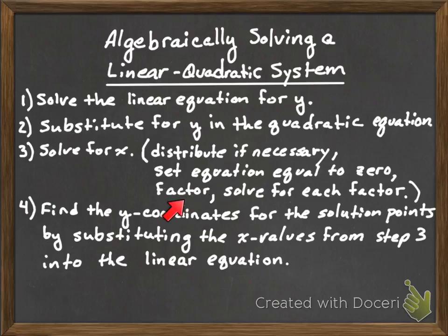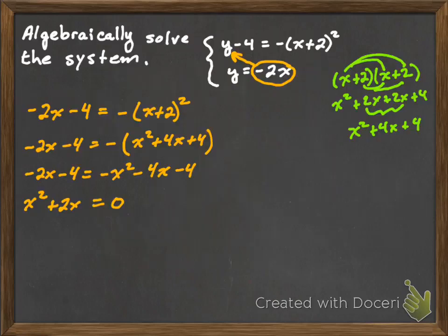is factor that quadratic part out. So x squared plus 2x. Always your first step to factoring is to take out a common factor if possible, a GCF. We do have a GCF of x.